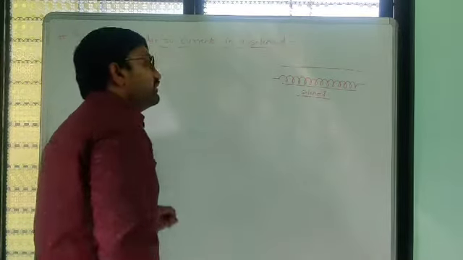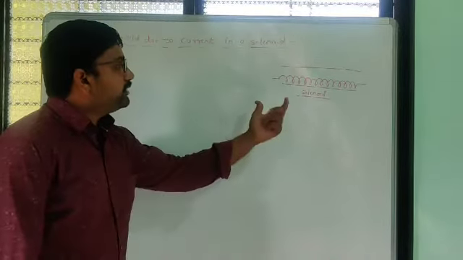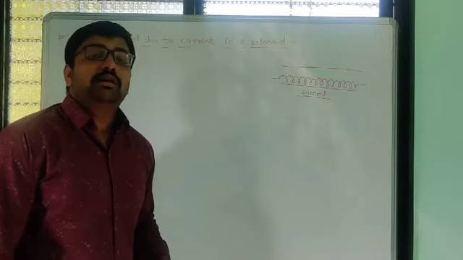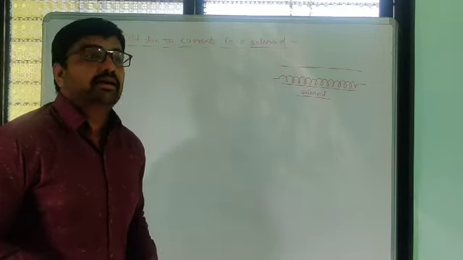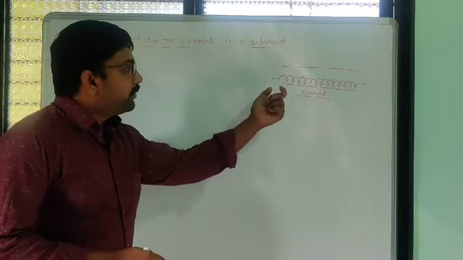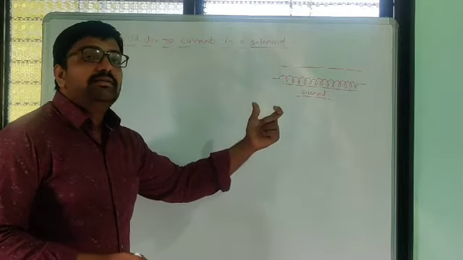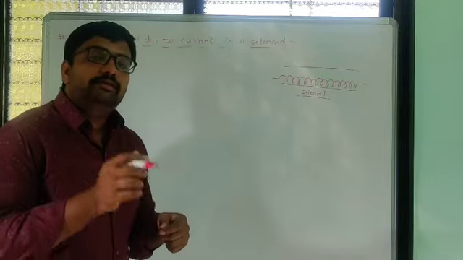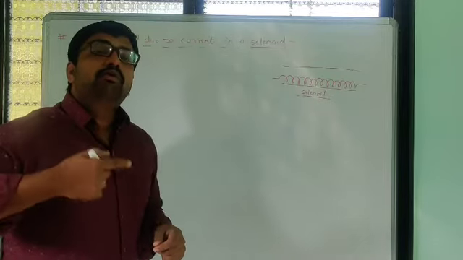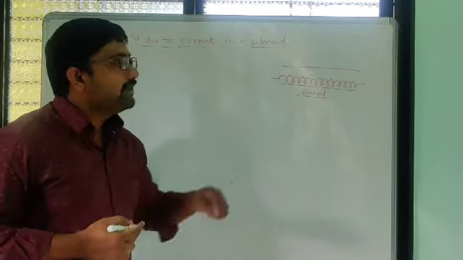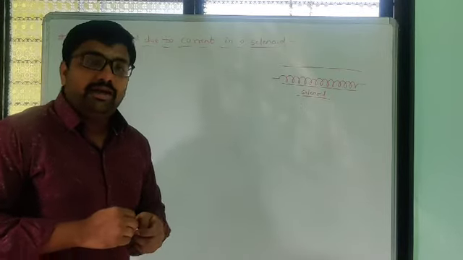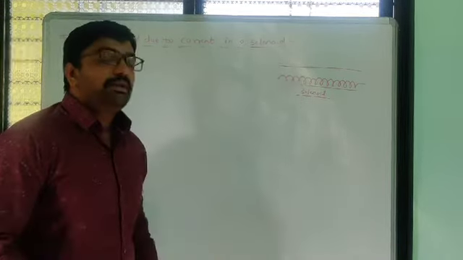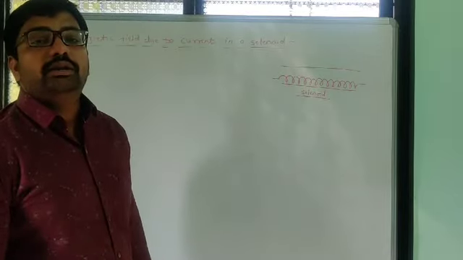Actually, this is a spring-like structure of an electric conductor. If you take a copper wire which has an insulating cover and wind that wire in this shape, that means make a spring of that wire, then this spring is simply called a solenoid.